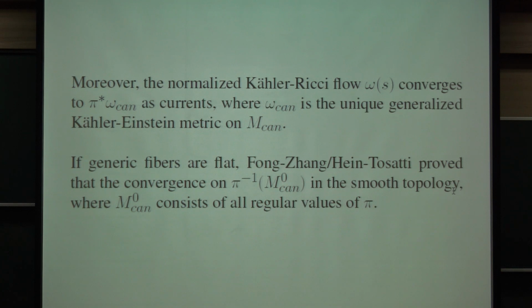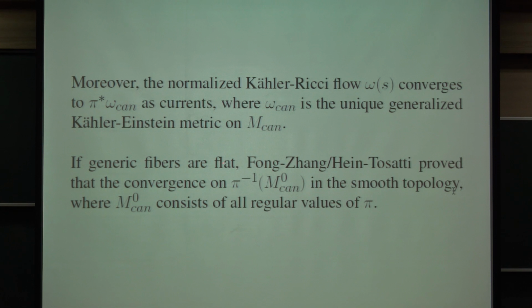And actually just 2 days ago, Hein and Tosatti had a new paper, in which they didn't quite consider the Ricci flow case. They consider some other cases which are related to these cases.